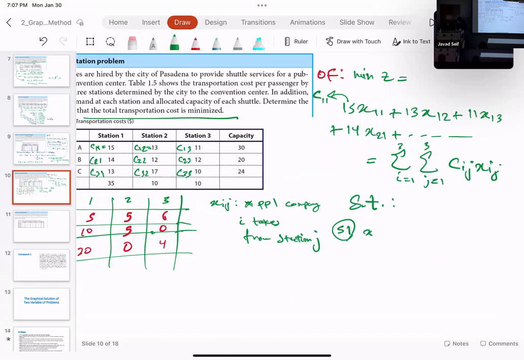What are those? X11 plus X21 plus X31 should be greater than or equal to 35. What's the next one for this? Station 2, station 3. What's that? X12 plus X22 plus X32.